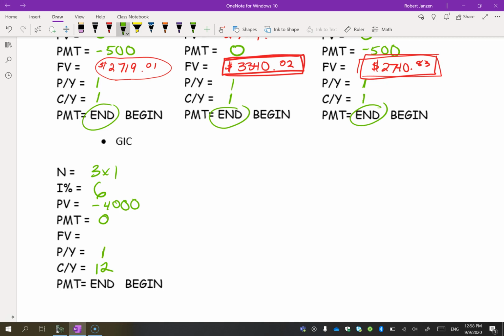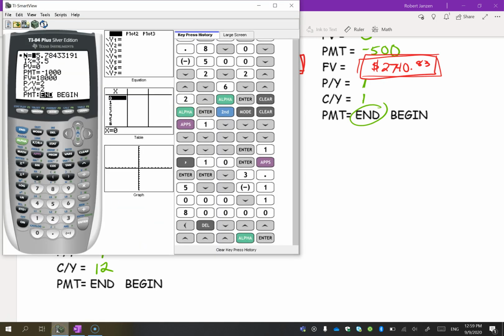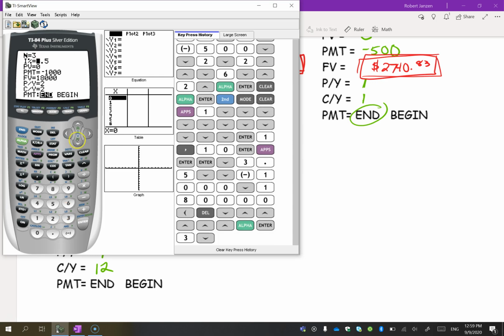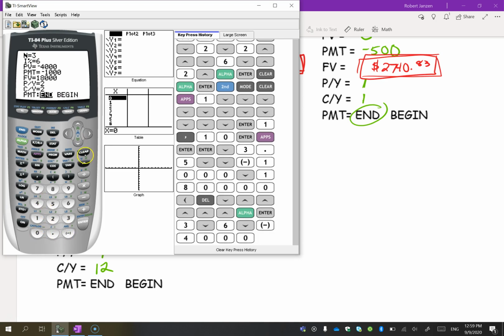So what is that GIC worth after 3 years? Well, let's try it. We're going to have 6%. Payment is negative 4,000.